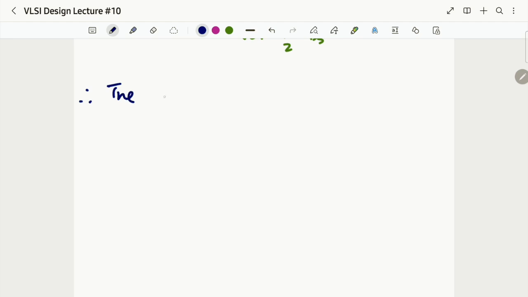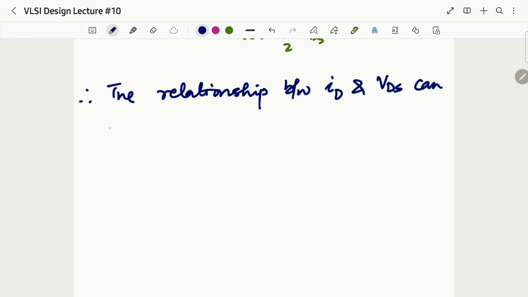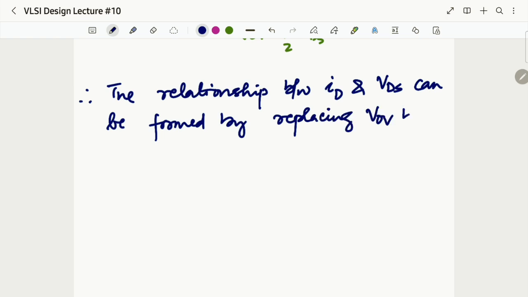Therefore, the relationship between ID and VDS can be formed by replacing VOV by VOV minus half of VDS.